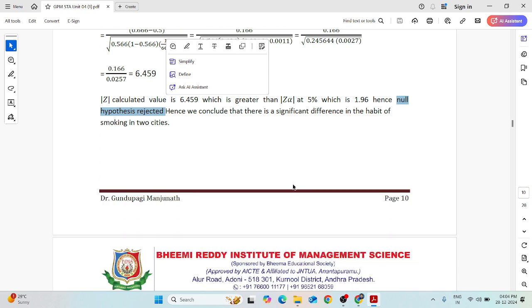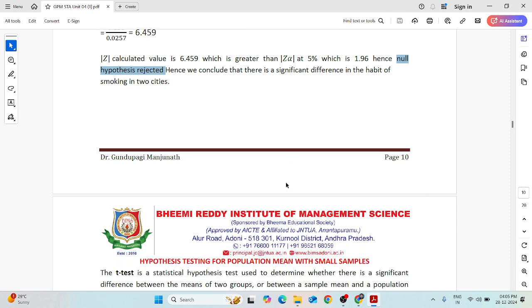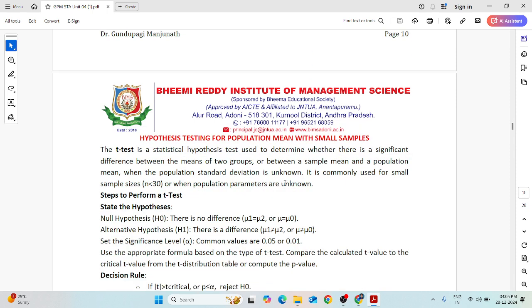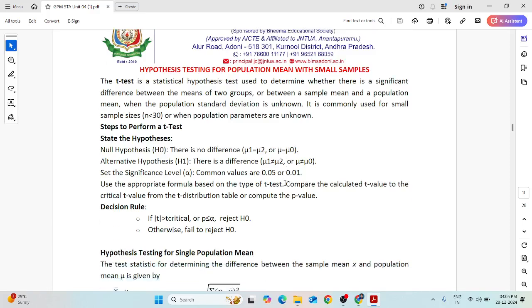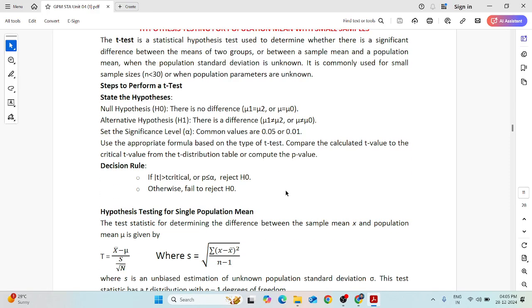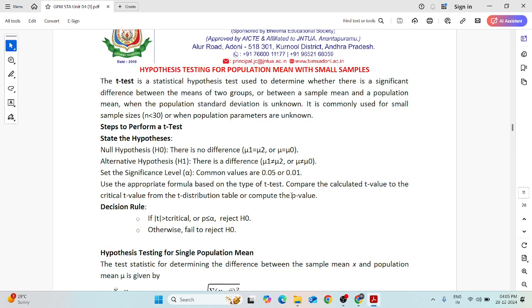In this way we calculate the test statistic. We test the samples when the proportions are given, where n is greater than 30. So in the same way we have seen hypothesis testing for large samples.